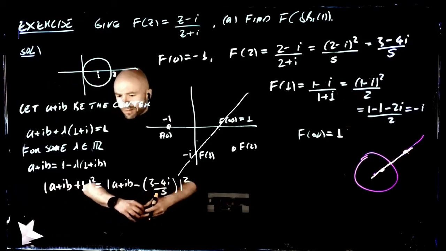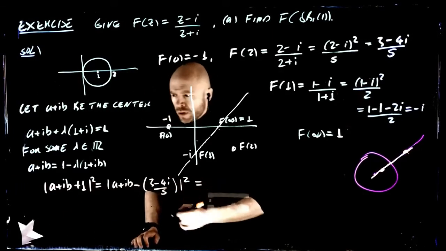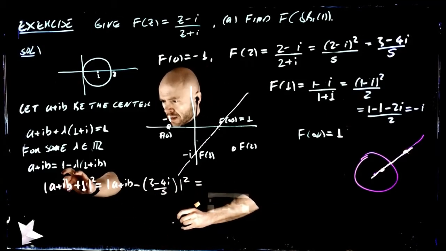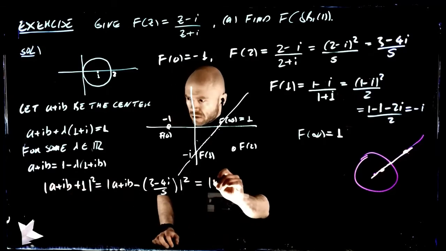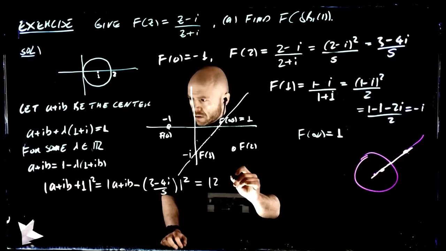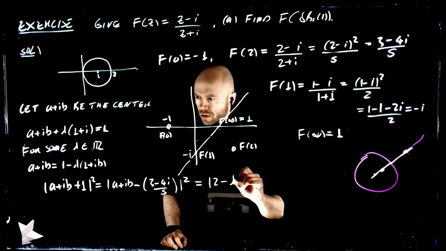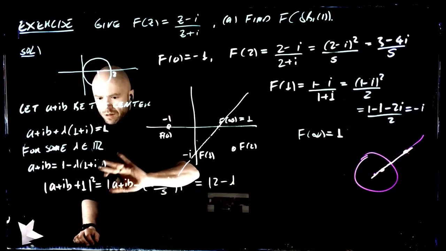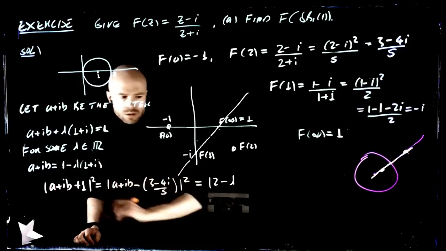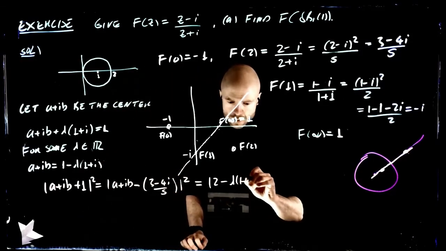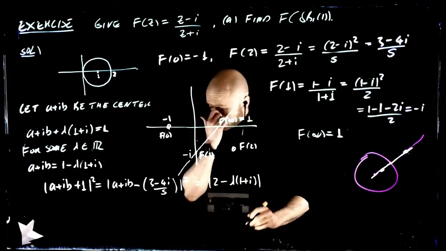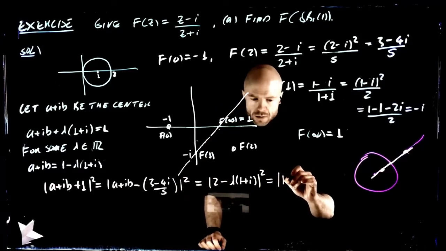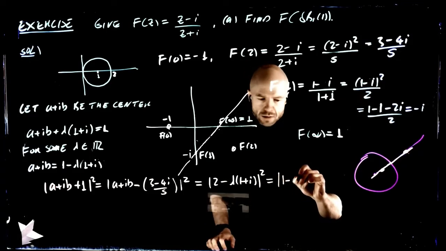So then we can put in our lambda. So then we're going to have this thing here, we're going to have 2 minus lambda. What is this? This is not, there's no b here. Like this, squared, and then this is 1 minus lambda 1.